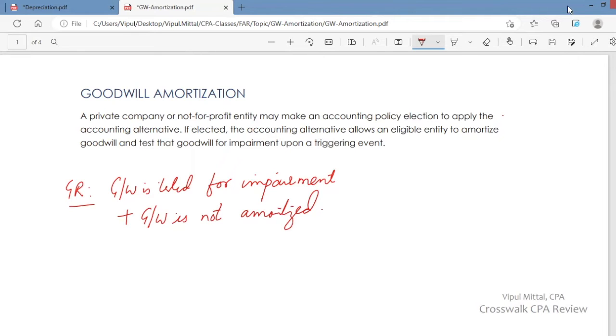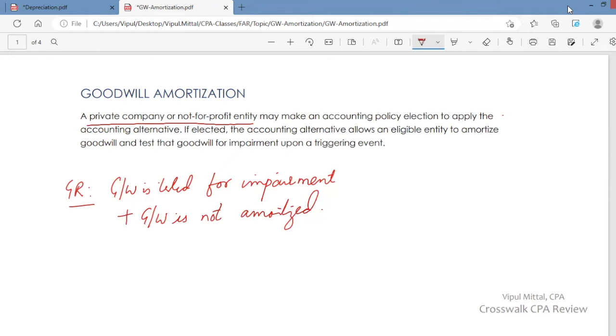There is an exception to this amortization rule: a private company or not-for-profit entity may make an accounting policy election to apply the accounting alternative. So they can elect this accounting alternative. And what is this accounting alternative?